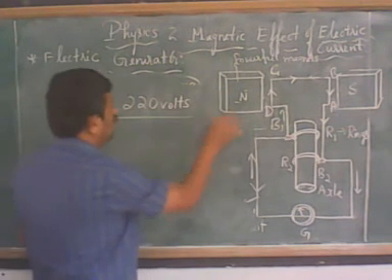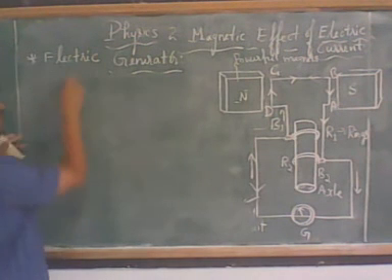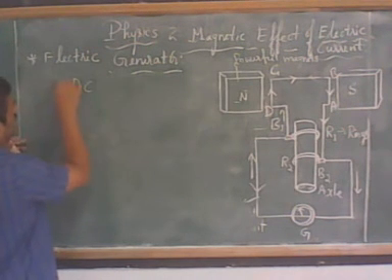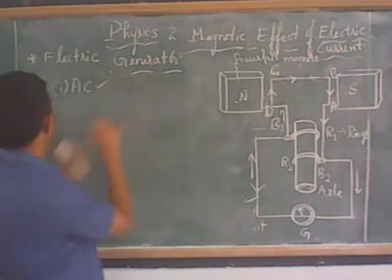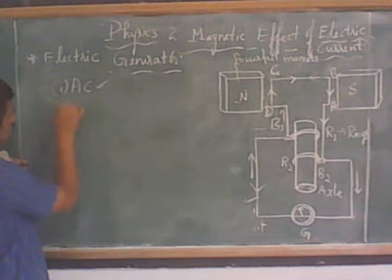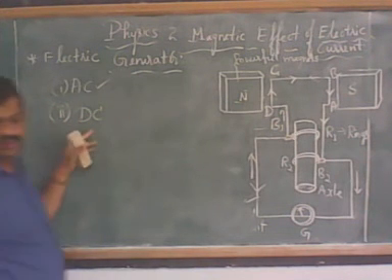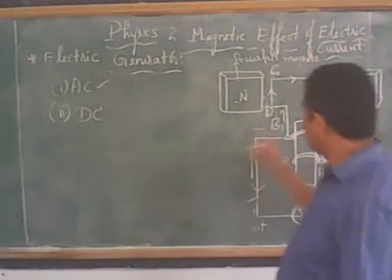By this device we can understand alternating current, AC, and how current alternates for every half cycle. After that, we come to direct current. This is very important. As I told you, in alternating current the current alternates every half cycle.